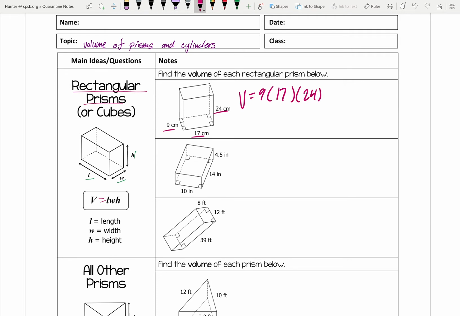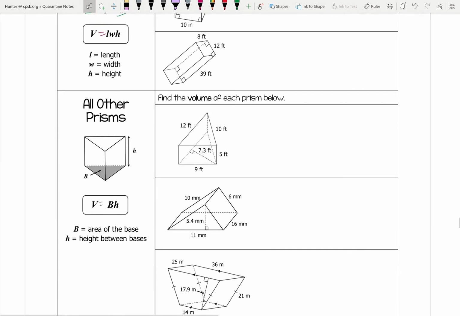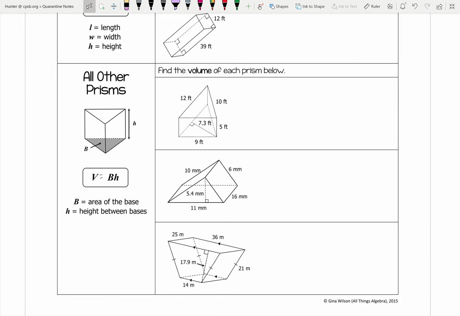Put that in your handy dandy calculator and you get the volume of this rectangular prism is equal to 3,672 centimeters cubed. And that's the simplicity of volume of rectangular prisms. The next two are very, very similar, just different numbers, which means that I can leave those to you to do.